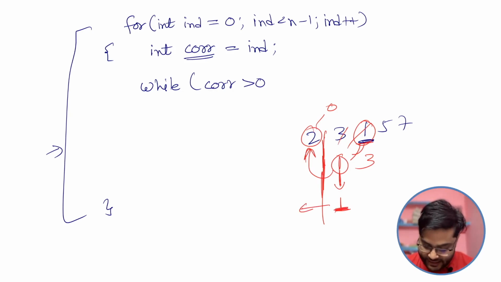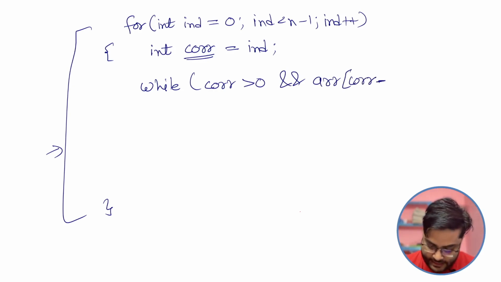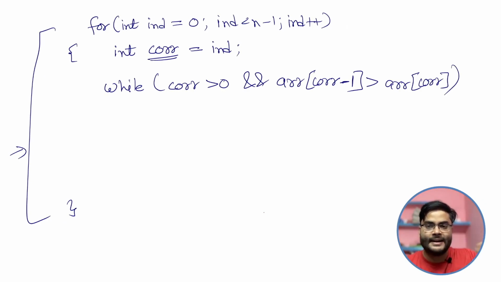So we will take our correct position greater than 0, and the array at the previous element, correct minus 1, should be greater than our current element. We will keep on comparing until this condition is satisfied, until our previous element is greater than our current element.